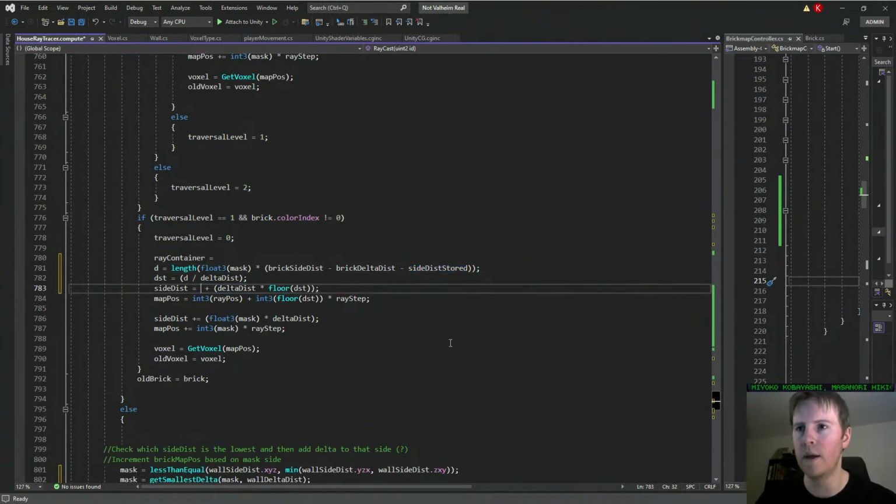And then this should be delta dist times DST. Purely like that.